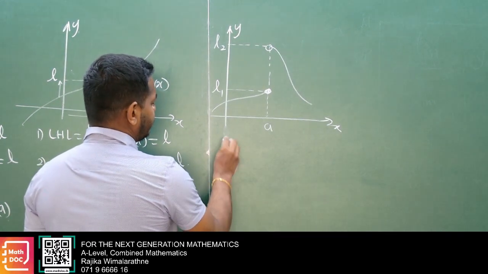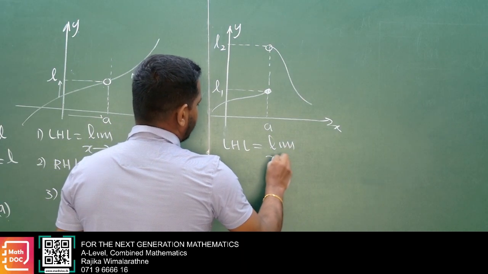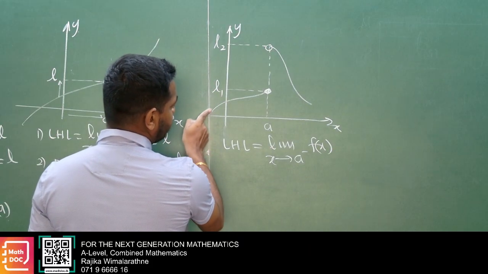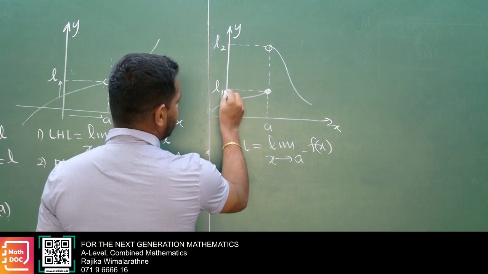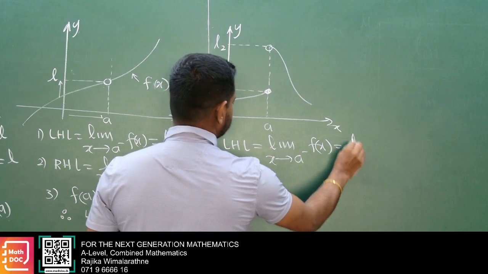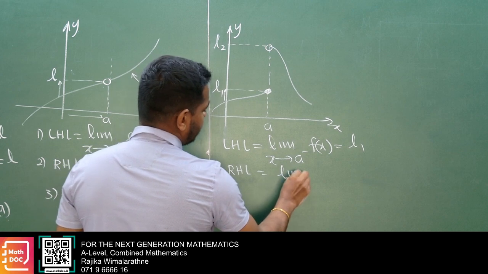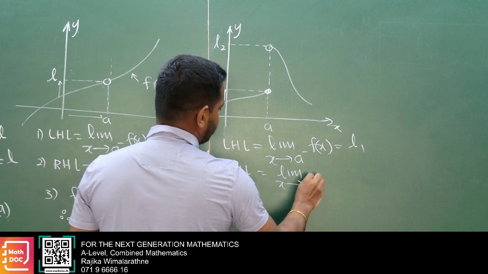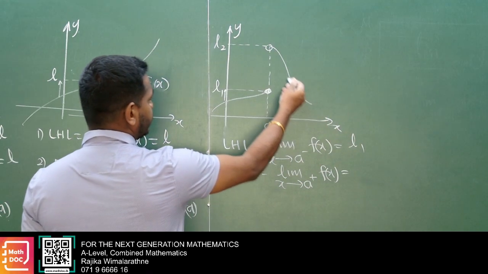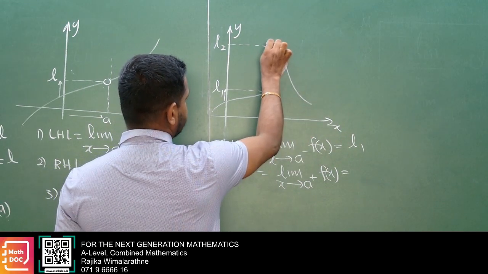Okay, now you go to here. Left hand limit, x goes to a minus of f(x). Then you come from the left hand side, and y tends towards L1. Right hand limit, x goes to a plus of f(x). So you come from the right hand side along the curve, then the endpoint is L2.